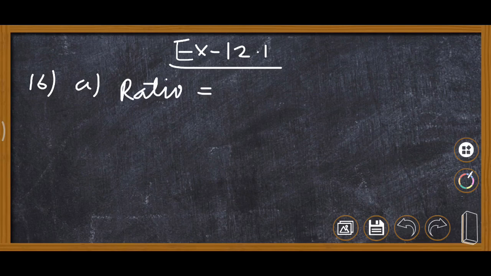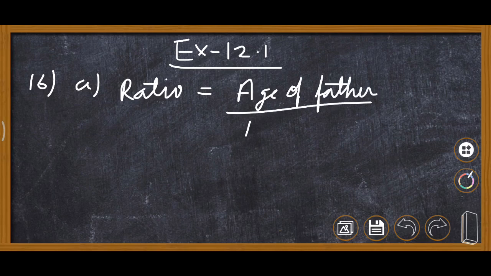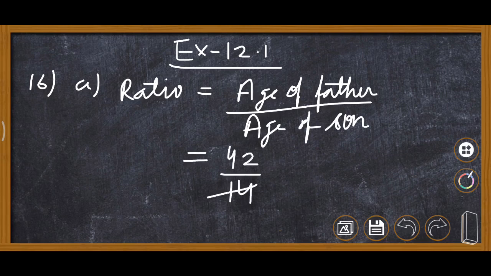The first ratio we will get is age of father upon age of son. Father's age is 42 and age of son is 14. 14 ones are 14, 14 threes are 42. So this is 3:1. This is the first part.